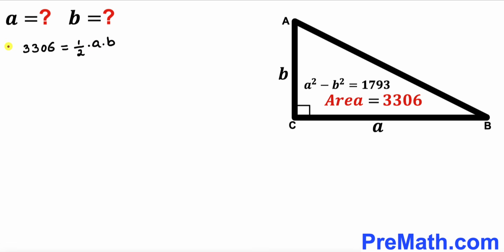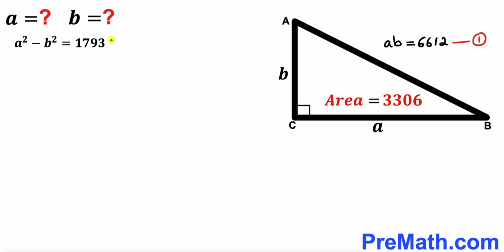Now I am going to multiply both sides by 2, and the 2 and the 1 divided by 2 are gone. Therefore a times b is equal to 6612.